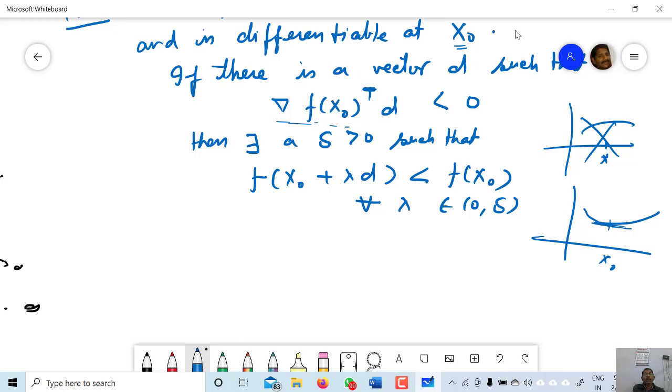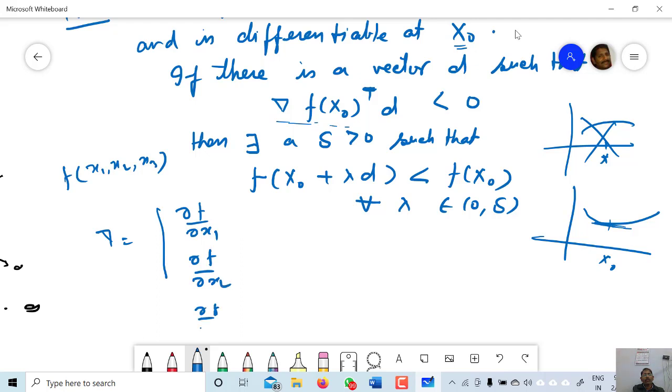What is the value of the gradient? For any function with many variables like x1, x2, x3, you can write it as the partial derivative of f with respect to x1, the partial derivative of f with respect to x2, the partial derivative of f with respect to x3, like this. So the gradient is to be written like this.